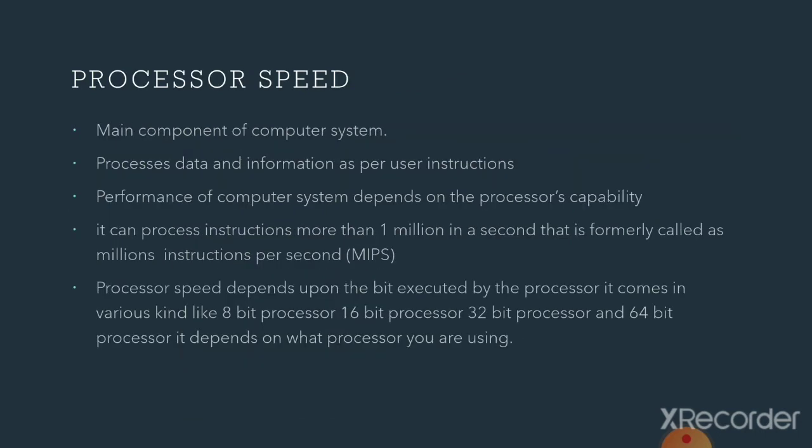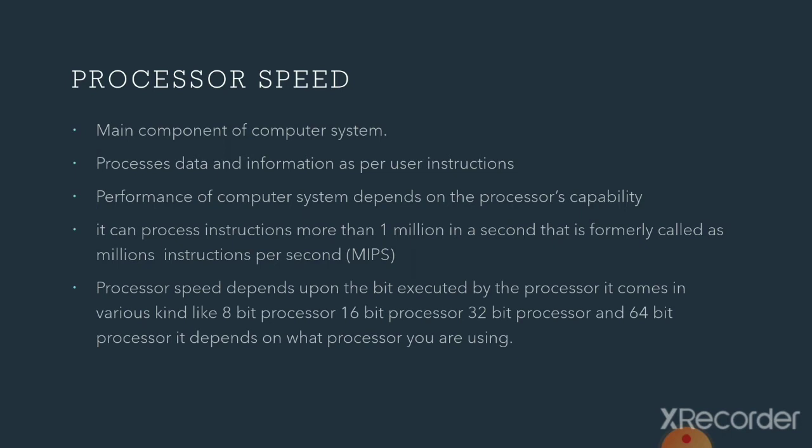Then next is processor speed. In computers, every processor or CPU has some speed. The processor is the main component or brain of your computer. It processes data and information as per user instruction or program.